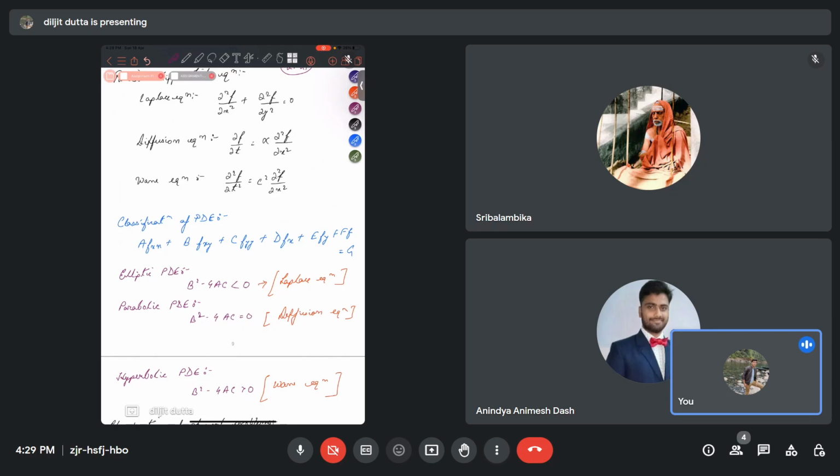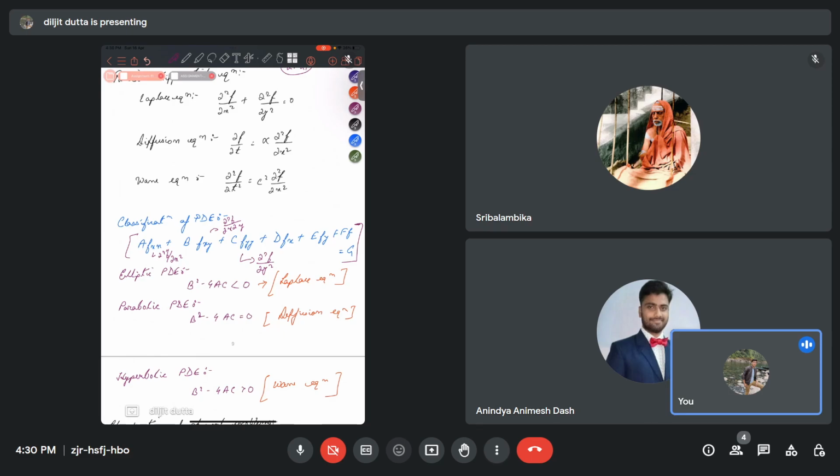So these three equations fall into three different categories. How do we classify partial differential equations? This is the general equation of a PDE: A into fxx, where fxx is del square f by del x square, plus B into fxy, where fxy is del square f by del x del y, plus C into fyy, where fyy is del square f by del y square, and then D fx plus E fy plus F into f equal to g.